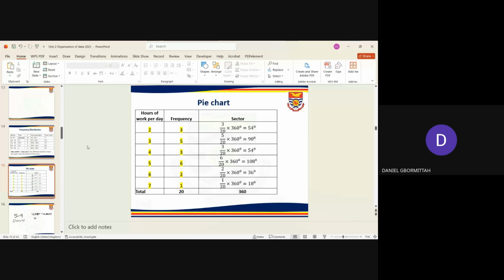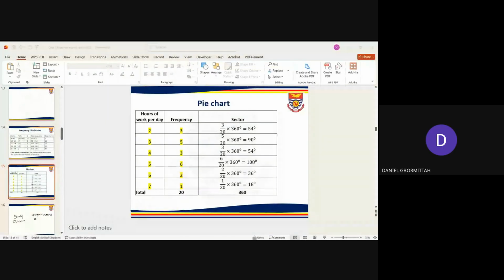Any other? Why do you think this data will be good for pie charts? Can we listen to William? This one actually spells out the shifts, and the shifts will tell us who is doing more hours and who is doing less.